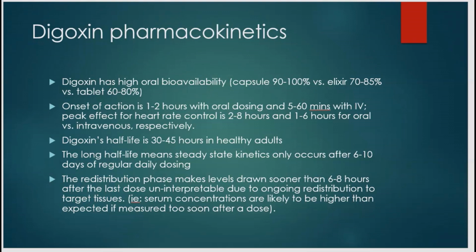So when given orally, it has a really good bioavailability of about 90 to 100% for capsule formulations. However, the liquid formulation is a little bit less in terms of bioavailability, so only 70 to 85% for the liquid elixir of digoxin, and the tablets have even lower bioavailability of about 60 to 80%.